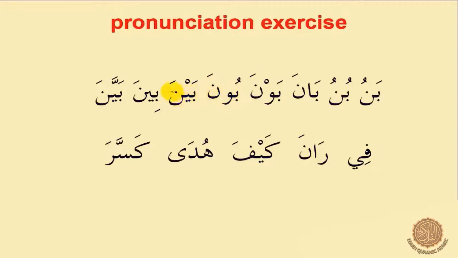bayna. Then we have bina. This is a long vowel. Bina. And finally, it's bayyana. So there's a shadda there. So it can actually be written as follows. The ba, then the ya, followed by another ya, and then finally the noon.